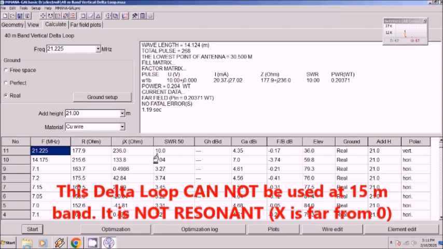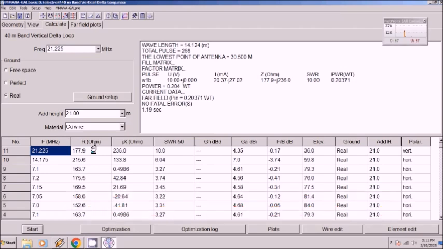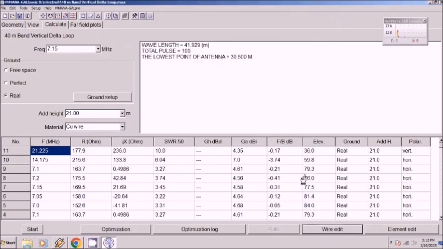The value of the R is also different, and the jX is different here, not j0. So this antenna with this dimension also cannot be used at the 15 meters band at 21.225 megahertz.